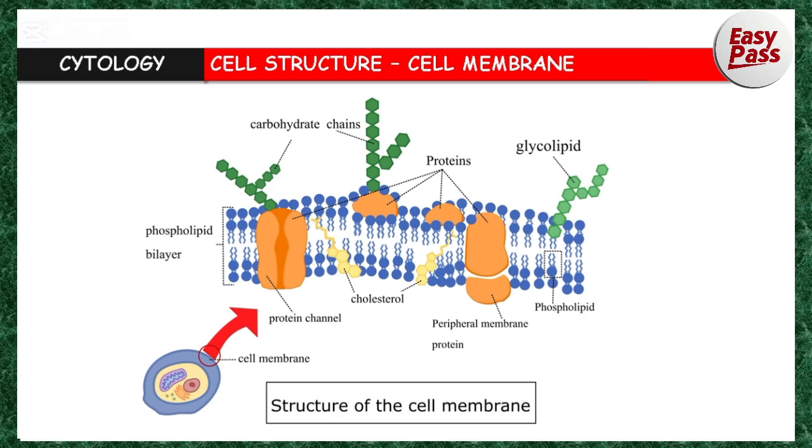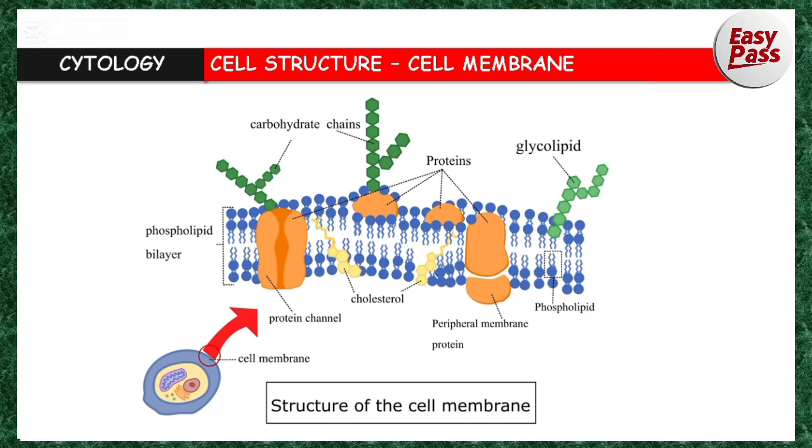Once it is off, then that cell loses its integrity. Once the cell membrane is dead, the integrity of the cell is actually lost, and that cell will definitely die. Aside from controlling the movement of material in and out of the cell, the membrane also gives the cell its recognition, allowing cells of the same identity to combine.